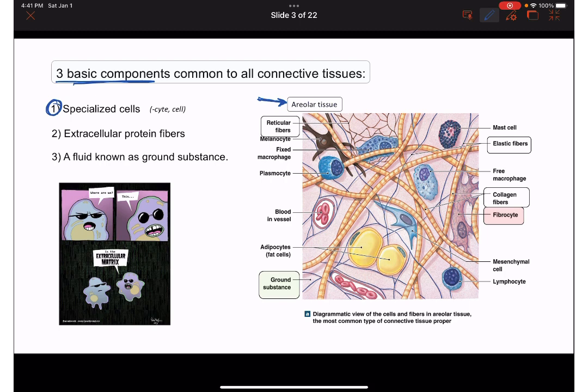Each connective tissue has its own type of specialized cell. And the specialized cell that we find in areolar tissue are fibrocytes. Now, there's other types of cells within areolar tissue and within other types of connective tissue, but fibrocyte is going to be the specialized cell type that is special to areolar tissue.